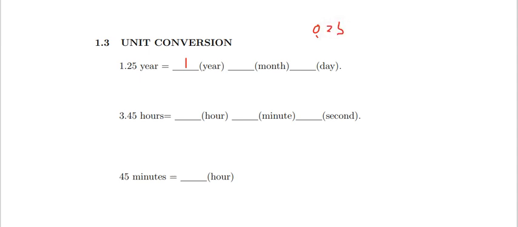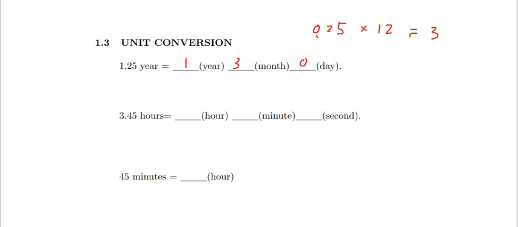So 0.25 year equals how many months? 1 year equals 12 months, so 0.25 year is 0.25 times 12, which is 3 months, right? So it equals 1 year, 3 months, and 0 days.